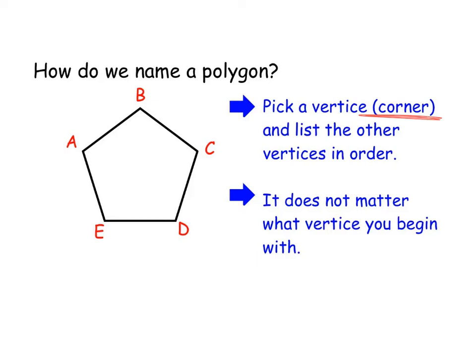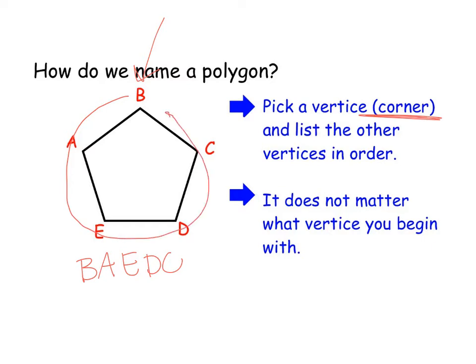For example, I could start here at B and call this polygon B, A, E, D, C. Notice I started at B, and then I just went in order around the polygon. I could start here at C and call it polygon C, B, A, E, D. I started at C and I just went around the polygon in order. So it doesn't matter where you choose to begin, but that is how you name a polygon.